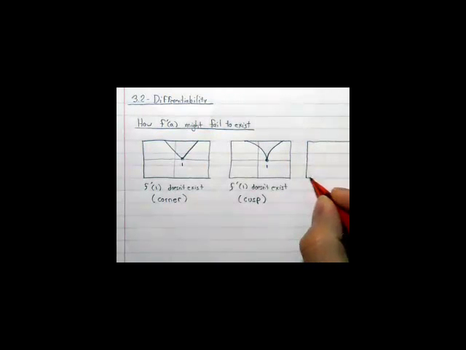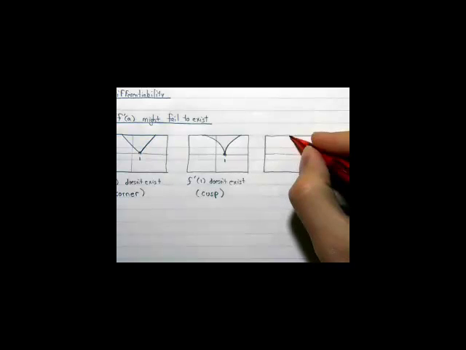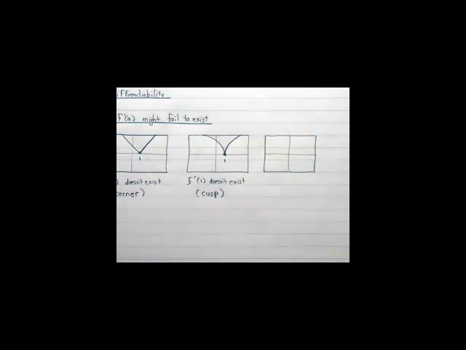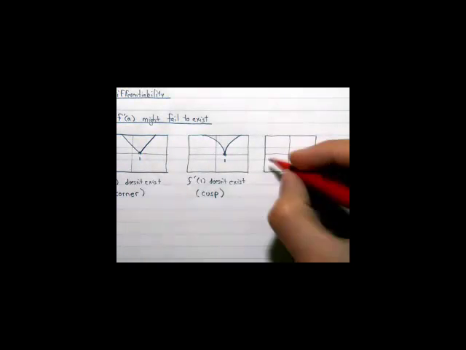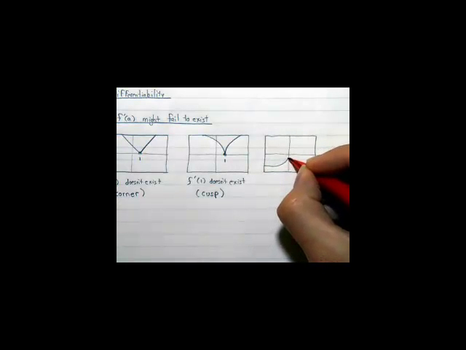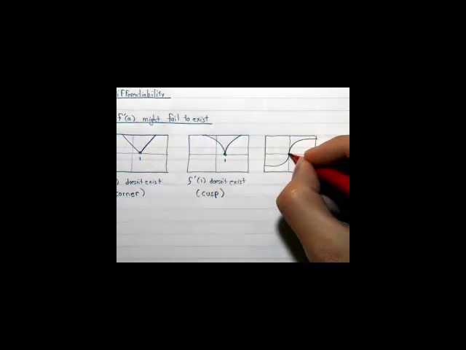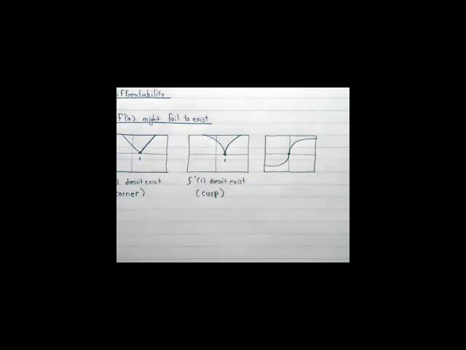Another way this might happen is if you have a vertical tangent. This is pretty rare. We're only going to come across a few functions that actually do this. For a function that might have a shape like this, at that point right in the middle, think about trying to draw a tangent line to the graph.